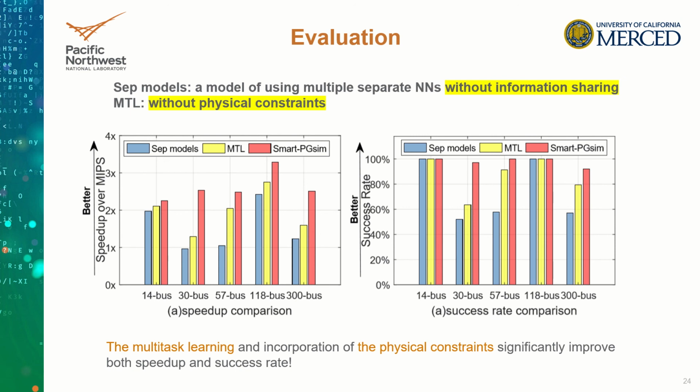And also to show the efficiency of the physical constraints, we remove the physical constraints in the MTL model. As we can see in these two figures, the speedup and the success rate are gradually improved by enabling the information sharing and the physical constraints.